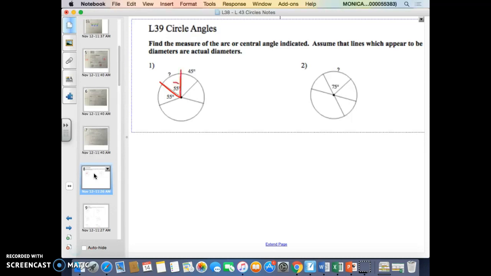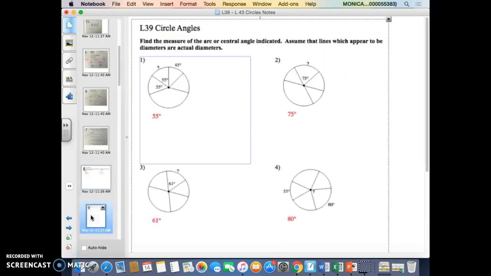This part here is 55, so we know this is also going to be 55 degrees because the central angle is equal to the arc, right? And number 2 is going to look exactly the same. If you know this central angle is 75, then you know this is 75 degrees as well. So you're going to need to do 1 through 12 just like that.